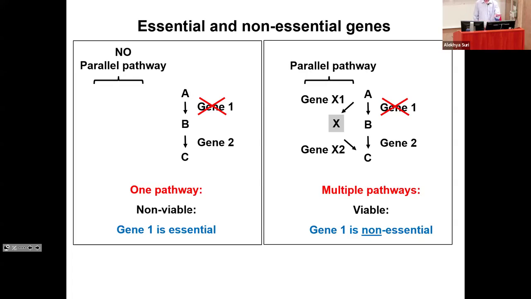Okay, so essential means if you knock out the gene, cells are not living. That means there is just this one pathway. If you knock out a gene and cells are living, then you know there has to be at least one other pathway in parallel to, for example, the ABC pathway.